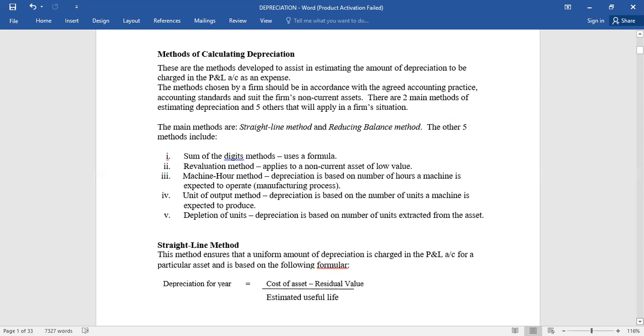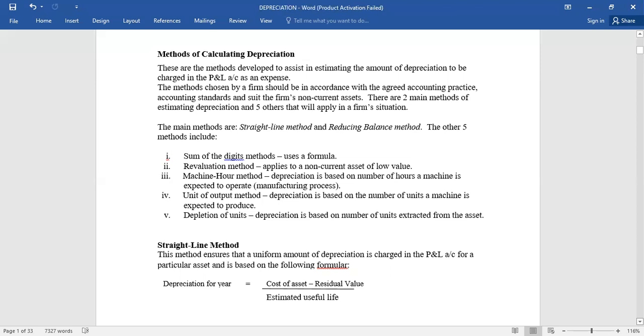Then we have the methods of depreciation. How do we ensure that whatever we are reducing the value of the asset with is the fair value? Of course, through validated tests, you have come up with several methods of calculating the depreciation, and they are highlighted here.